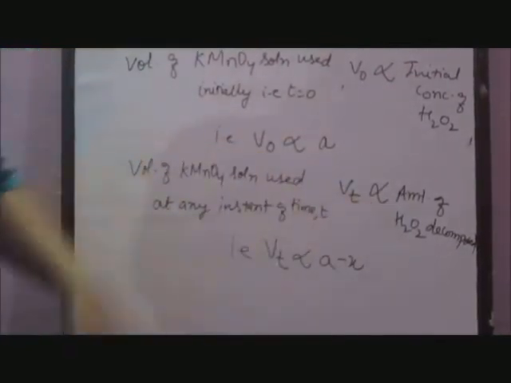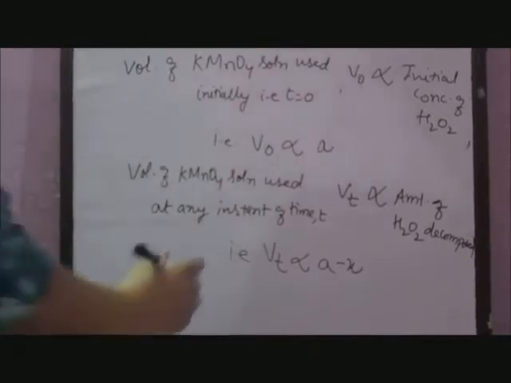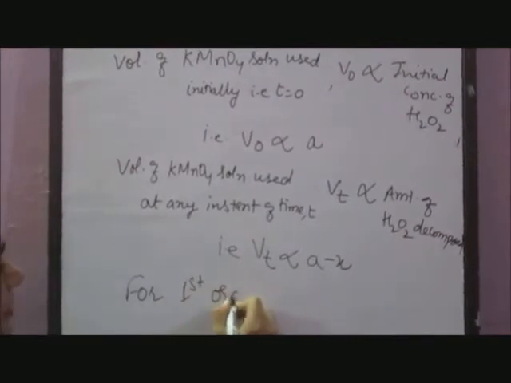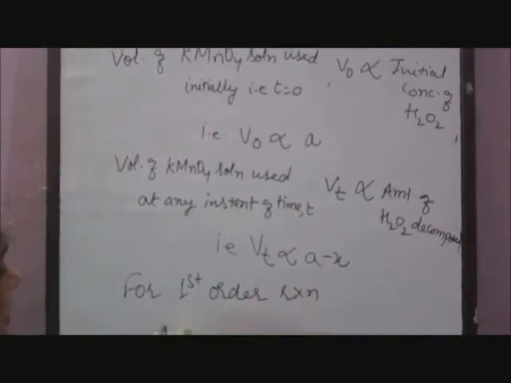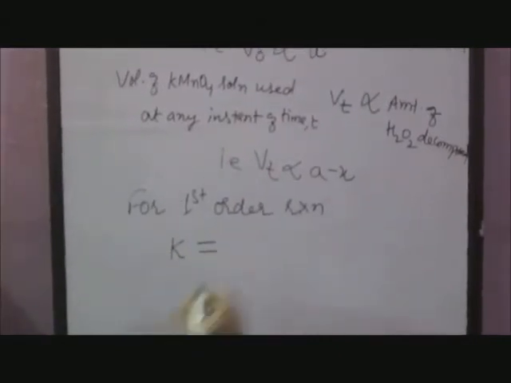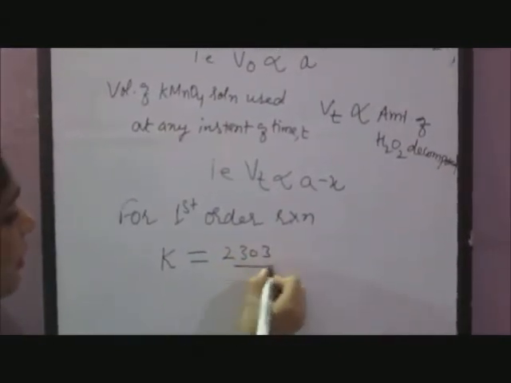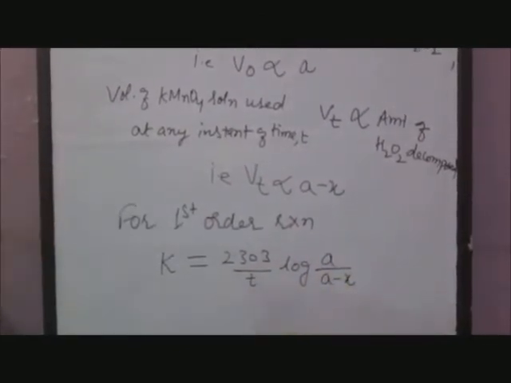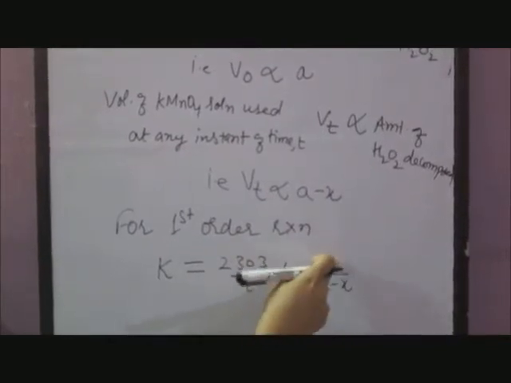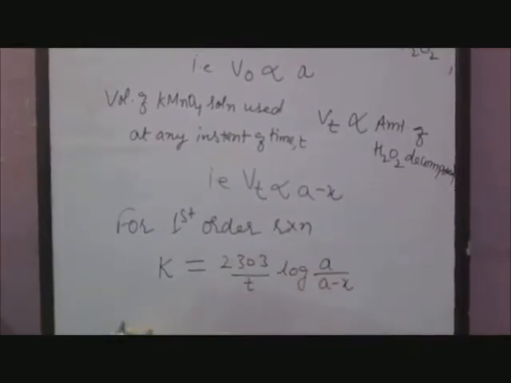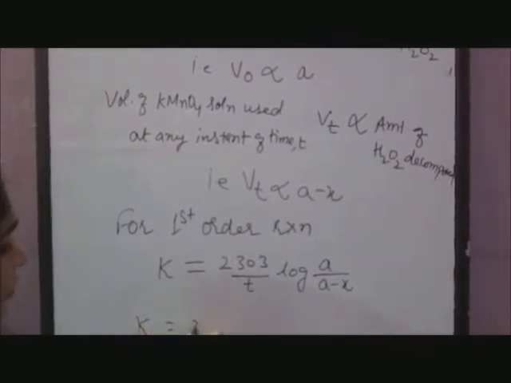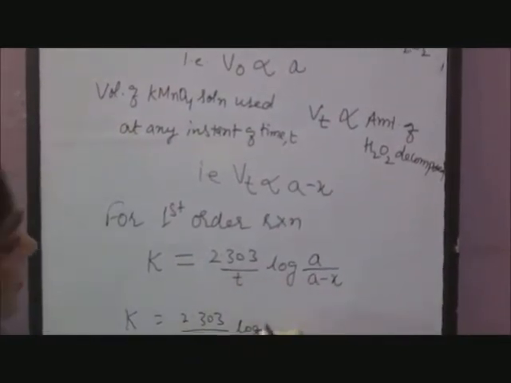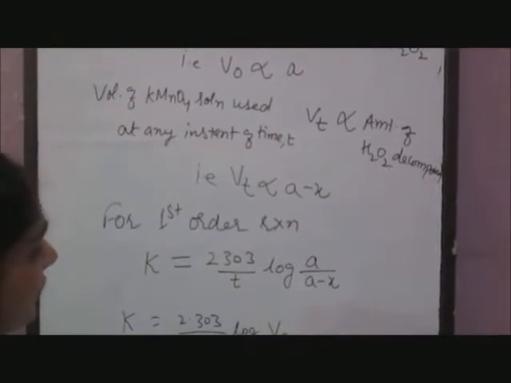As we know that for first order reaction, rate constant K is equal to 2.303 upon t log A upon A minus x. By substituting the values of A and A minus x, we get K is equal to 2.303 upon t log V naught upon Vt.